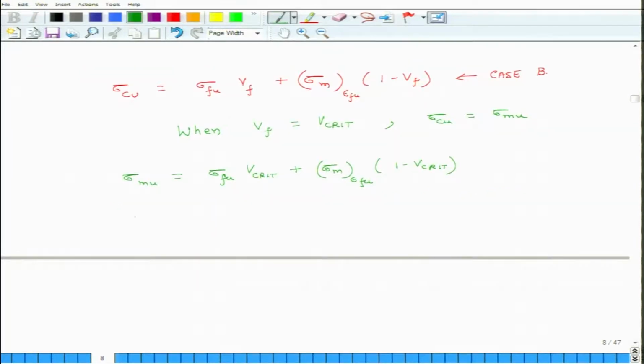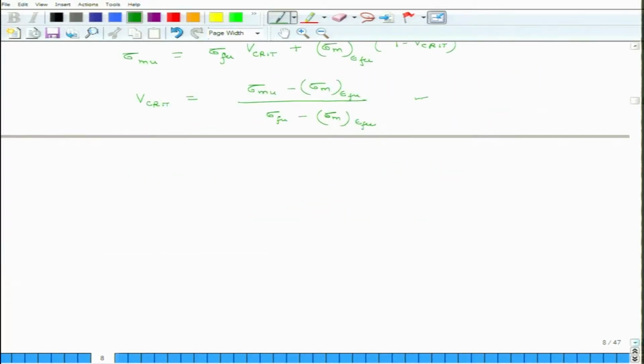So, from that we can find V crit is equal to sigma Mu minus sigma m evaluated at breaking strength of the fiber, divided by sigma Fu minus sigma m evaluated at breaking strength of the fiber. Okay. So, please check, I think this expression is correct. So, this is my critical volume fraction.